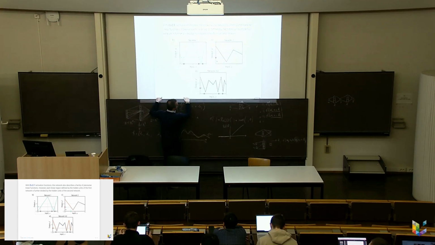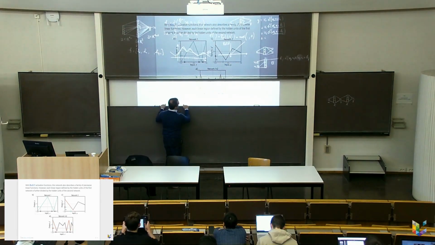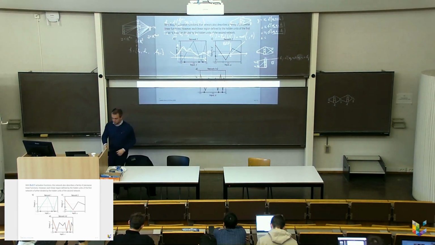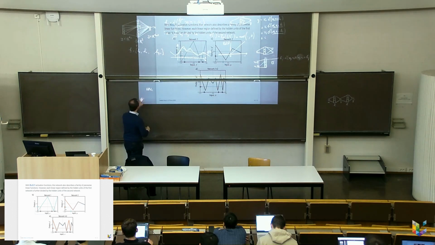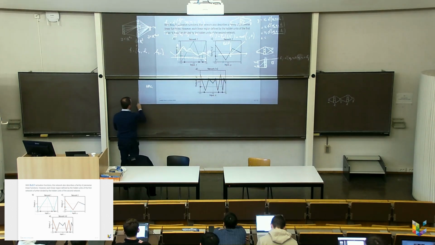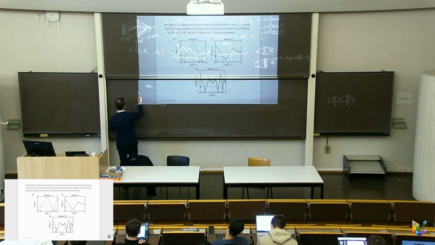Let me do that. So neural network 1. Let's take something similar. -1, 0, 1.